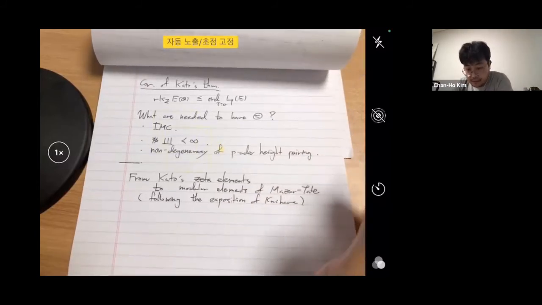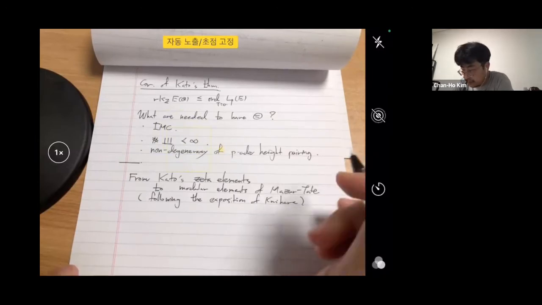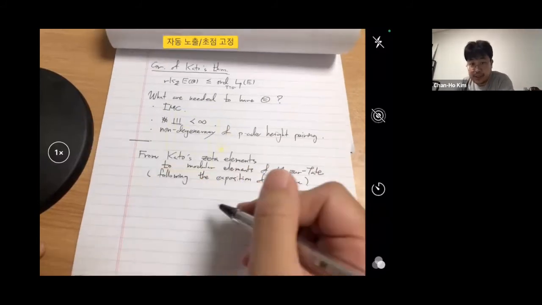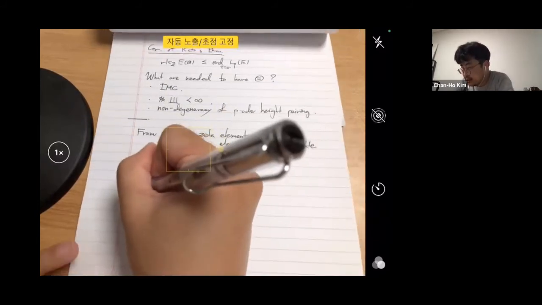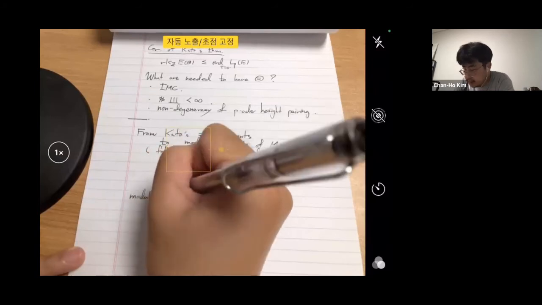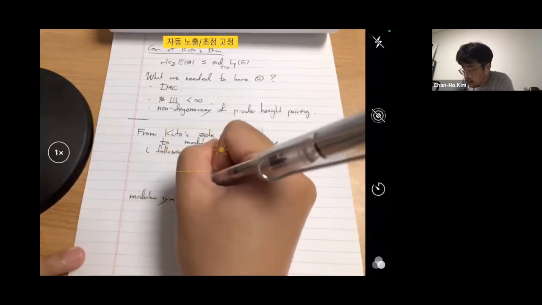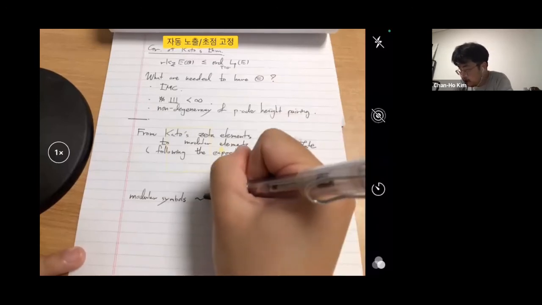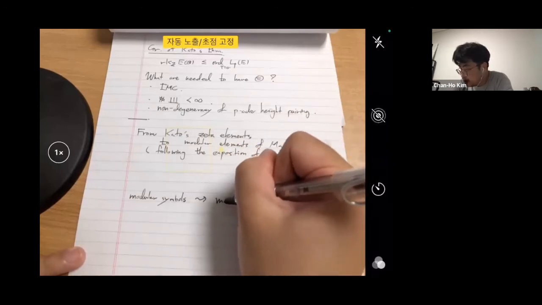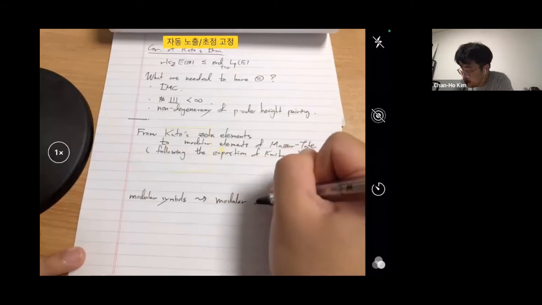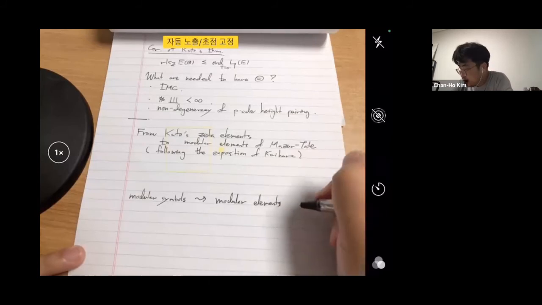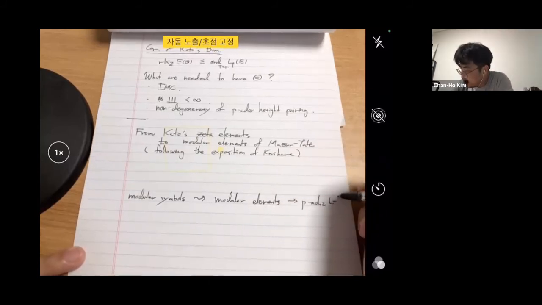So basically, up to now, we start with the modular symbols. And from this, we built modular elements, and we construct the p-adic L-functions.